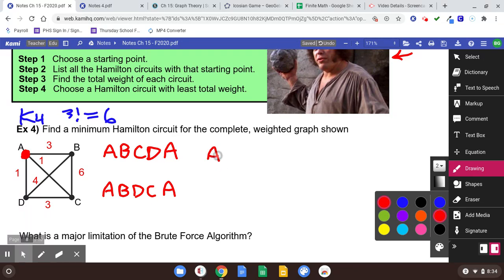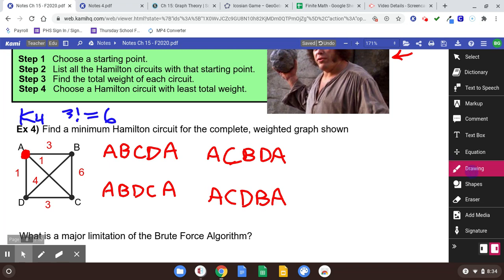If I was at A and I went to C second, you could either go from C to B and then you'd have to go to D, A, or if you went from A to C, you could go to D third, B, A. I'm just listing all of the different possible paths that I could take. The only other possibilities would be if I started at A and went to D second, I could either go to B next, and then I'd be stuck with C, A, or I could go to C third, and I'd have to go to B, A.